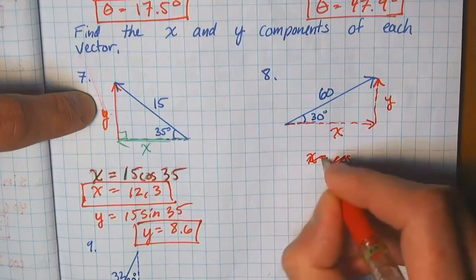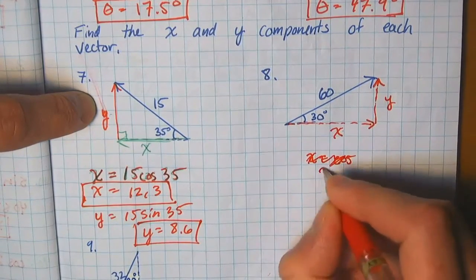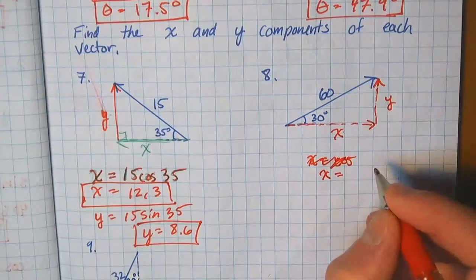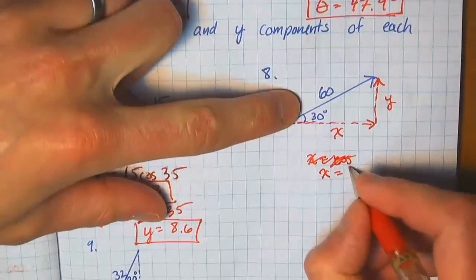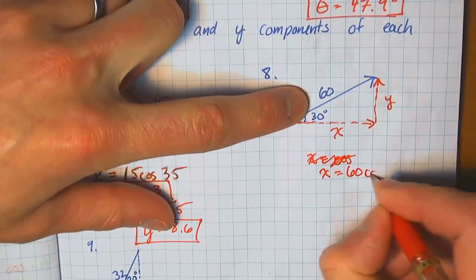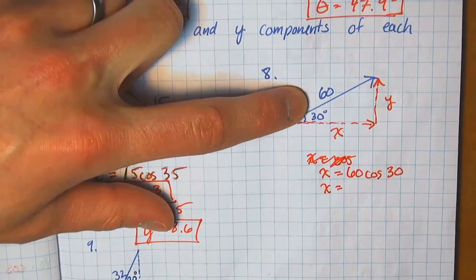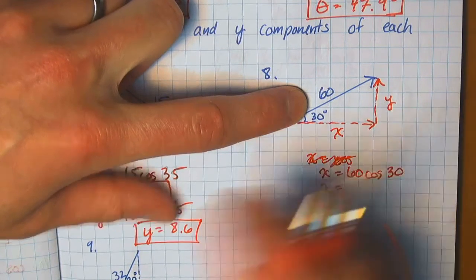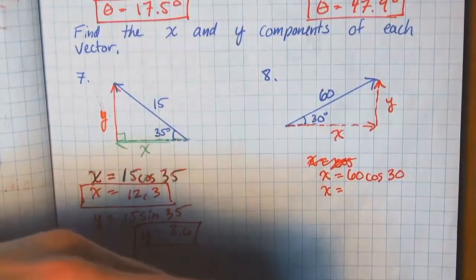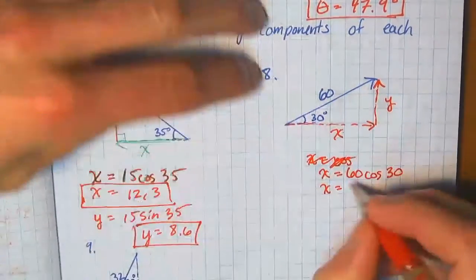Of course, x is equal to 60 cosine 30. It's going to give you 51.96, so 52.